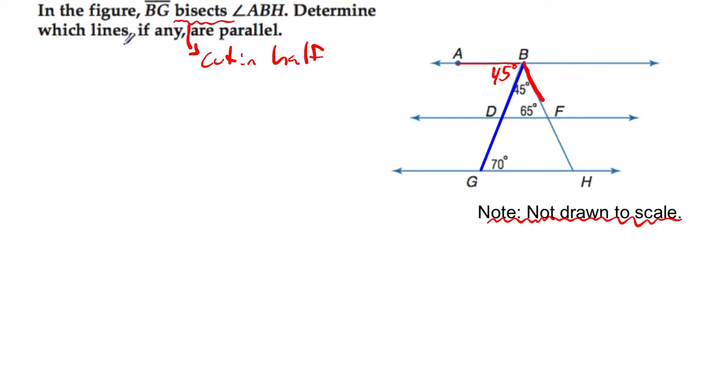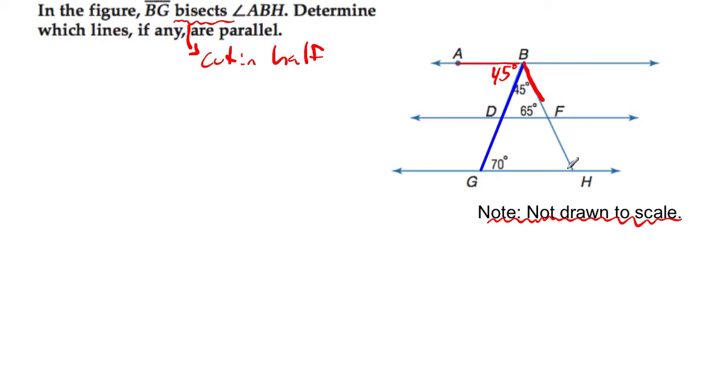Okay, so we want to determine which lines, if any, are parallel. Well, this angle here is 65 degrees. So let's just find all the angles. We know that DF and AB are not parallel because consecutive interior angles must be supplementary. Well, 90 plus 65 is not 180.